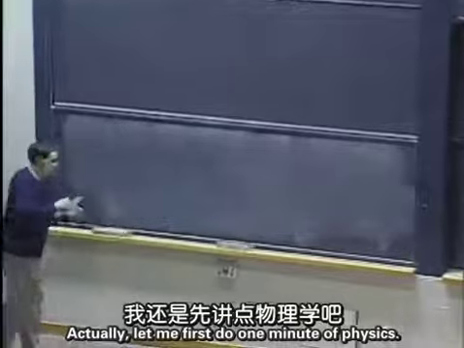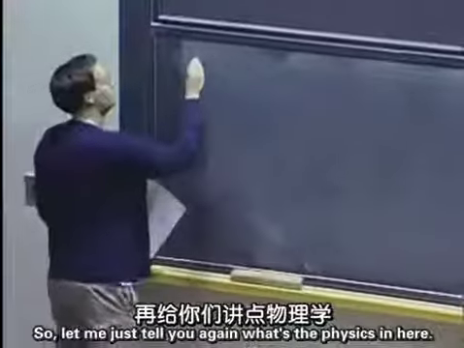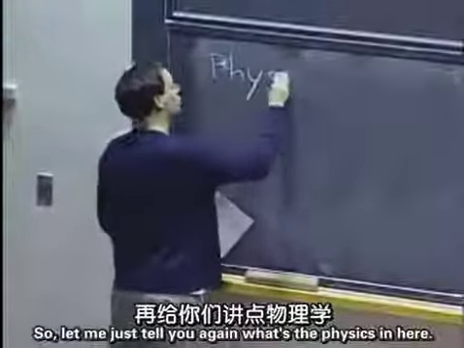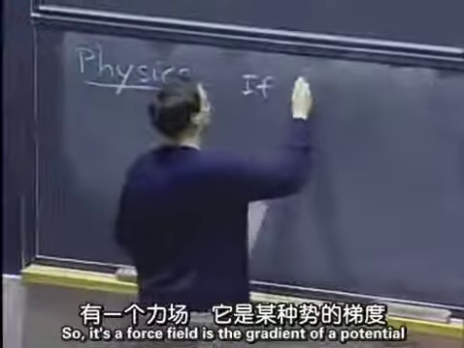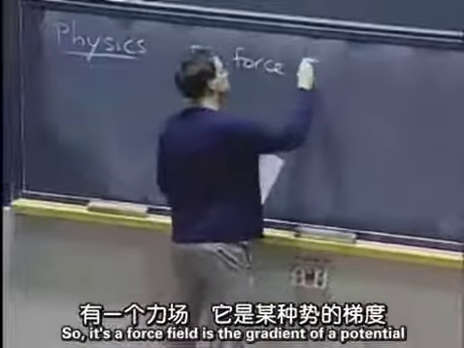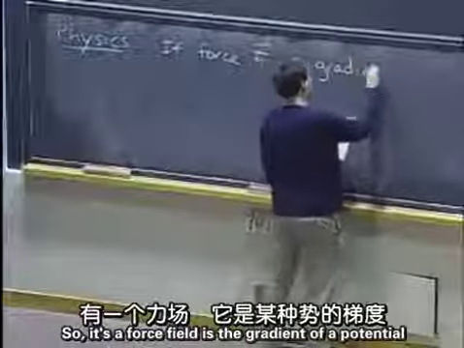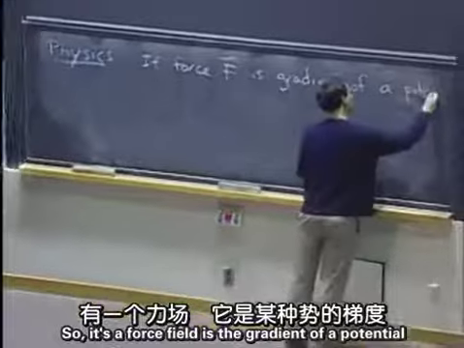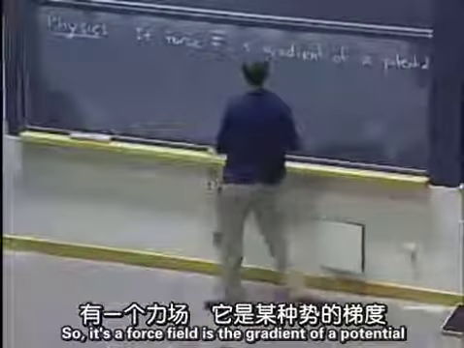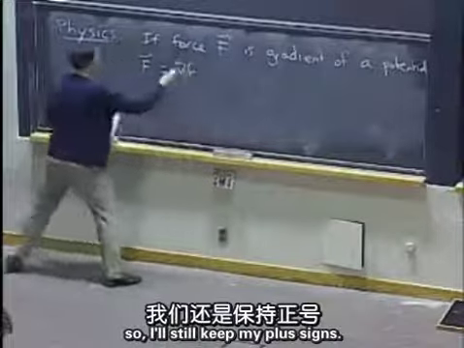Actually, let me first do 1 minute of physics. So let me just tell you again, what's the physics in here. So if a force field is the gradient of a potential, so I'll still keep my plus sign.